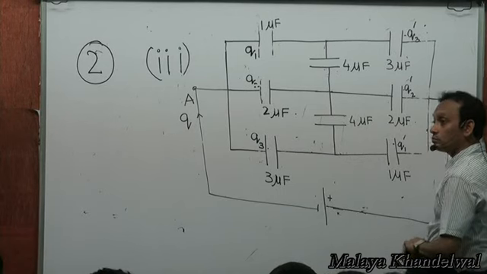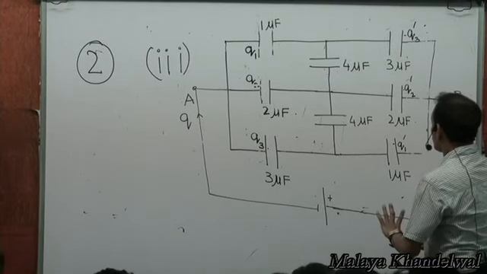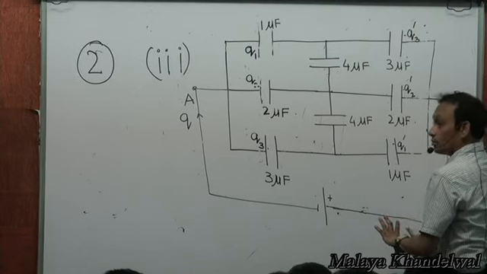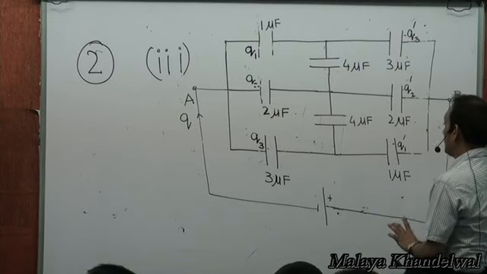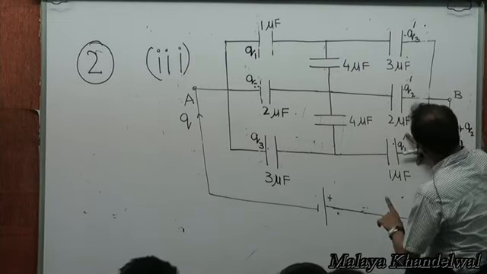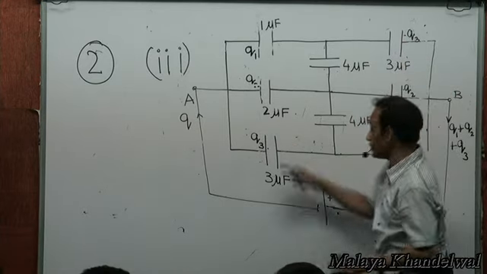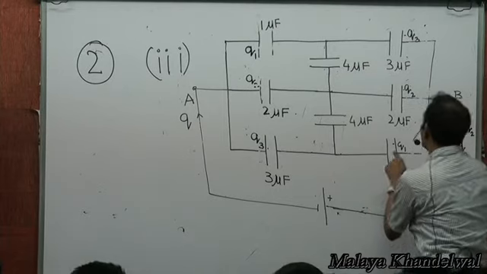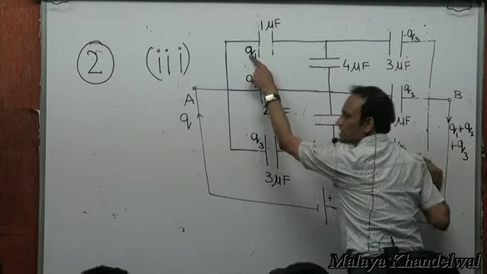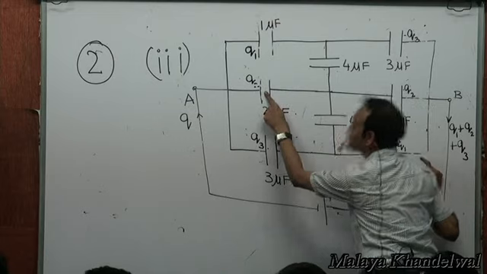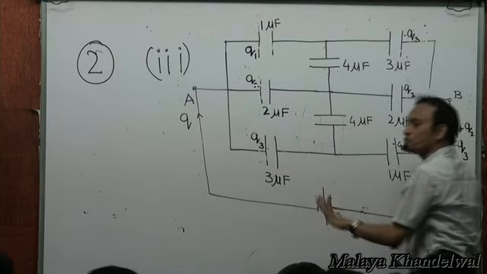Now, this would have been actually Q1, Q2 and Q3 on reversing the terminal. If this was Q1, Q2, Q3 on reversing the terminals of the battery, this capacitance is what this was earlier, this capacitance is what this was earlier, this capacitance is what this was earlier. Yes or no?